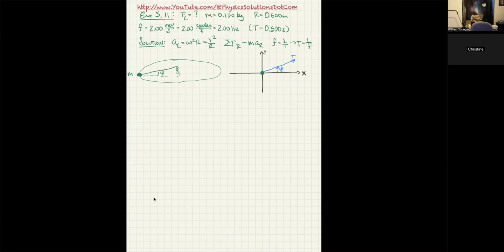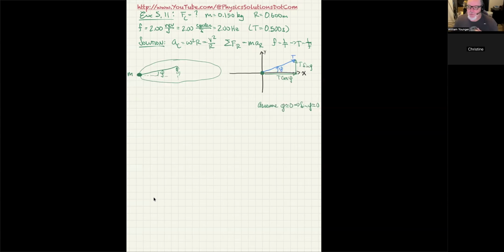Now, if we were to break that up into components, what we would see is it has a positive x component, that's T cosine phi, and it also has a positive y component, that's T sine phi. If we assume phi is close to zero, then sine phi is approximately equal to zero.